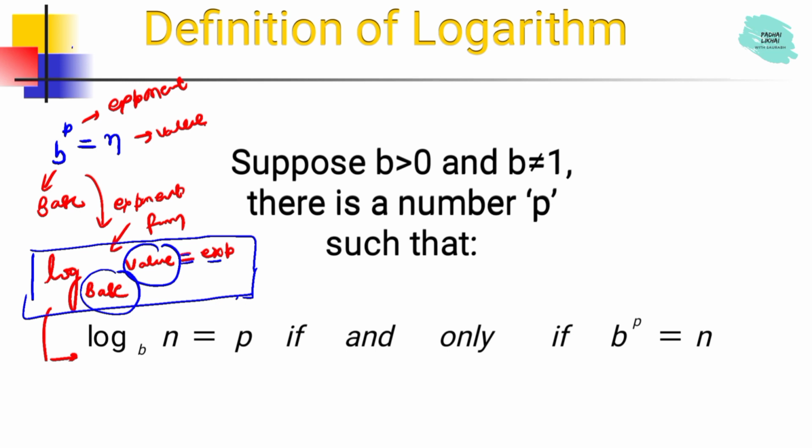For example, if we have 2 to the power 3 equals 8, then the log conversion will be given by log base 2 value 8 equal to exponent 3. So this is how we will convert an exponent form to log form.